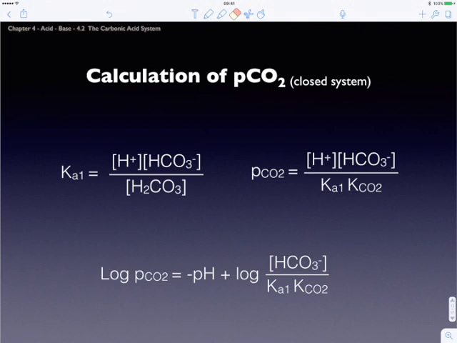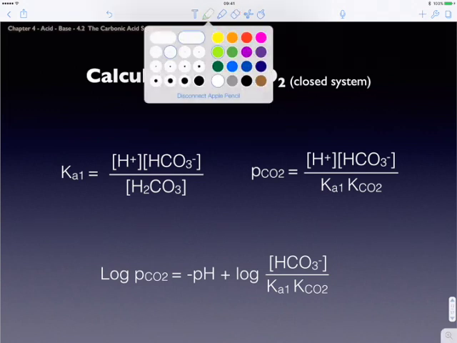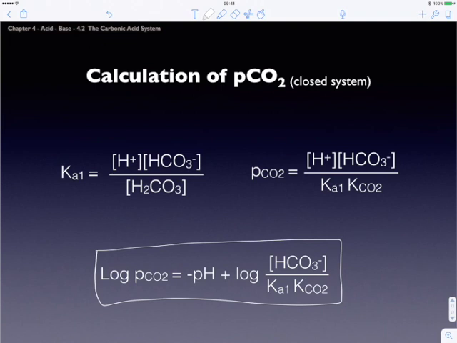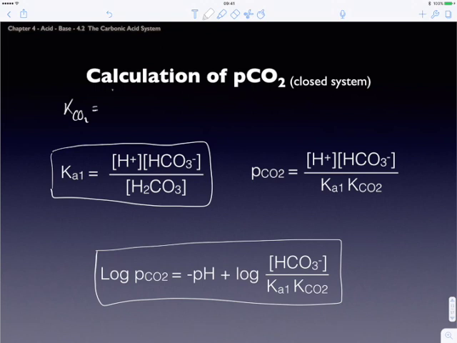And here is a summary slide that I will just add a couple of steps to, to be sure that you understand that. This is the final equation you will use. But to get there, what we have is the equation for the K1 value. What is missing here is the equation for the equilibrium of CO2, which we know is equal to the concentration of carbonic acid divided by the PCO2, and this is the PCO2 you need to calculate.